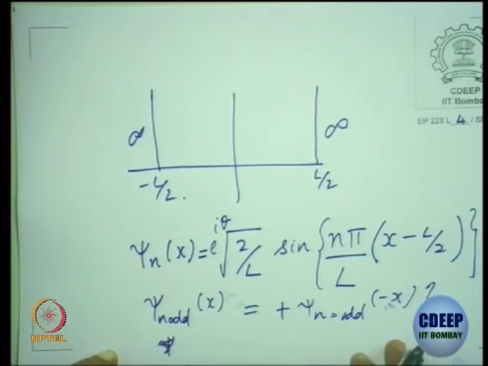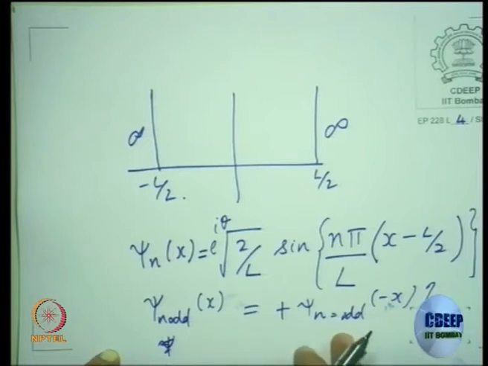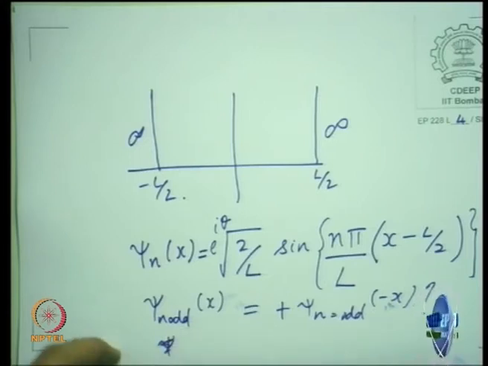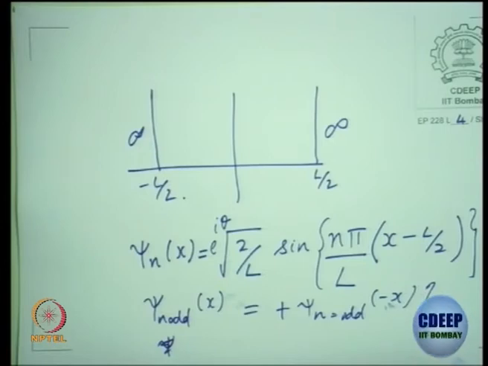What is the ground state? Ground state is n equal to 1, and the ground state will be an even function, is what I said looking at the harmonic oscillator. The lowest energy state should not have a node at the origin, because if you put a node, then with continuity it will have a slope, the derivative or momentum will become non-zero, energy will become non-zero.